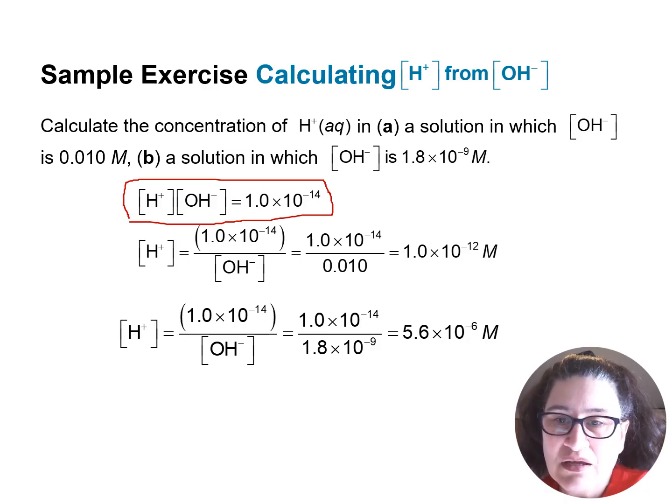And then in part B, they give me a different OH minus, but again, the same process: 1 times 10 to the minus 14th divided by the OH minus is going to give me my H plus. Now this is also going to work if they gave you the H plus and asked you to find the OH minus. You would take the 1 times 10 to the minus 14th divided by the H plus in order to get the OH minus.